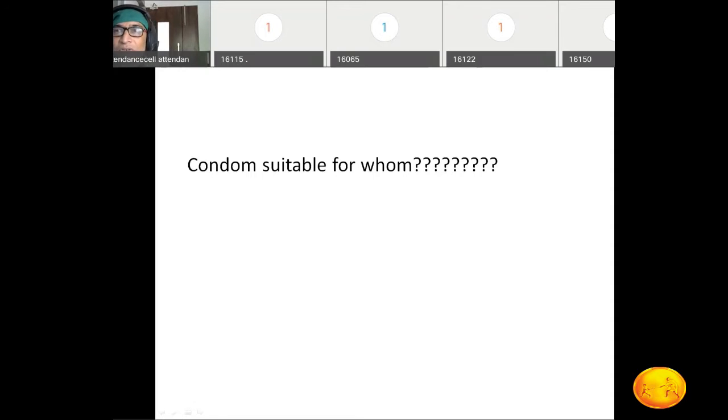No hormonal effects. So for those for whom OC pills are contraindicated, condom is the best one, right? Still one more indication where the benefit of condom is better than the OC pills.